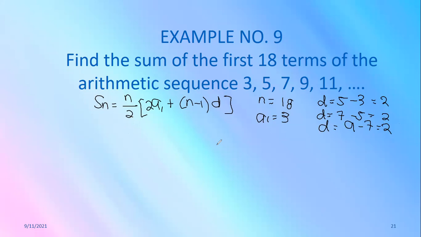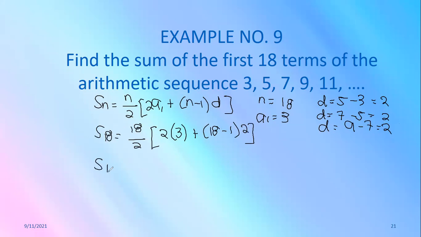Okay, then we will substitute everything in the formula. Sum daw ng 18 terms, which is equal to 18 over 2 multiplied by 2 multiplied by 3 plus 18 minus 1 multiplied by 2. So this is equal to 9 multiplied by 6 plus 18 minus 1. So that's equal to 17.